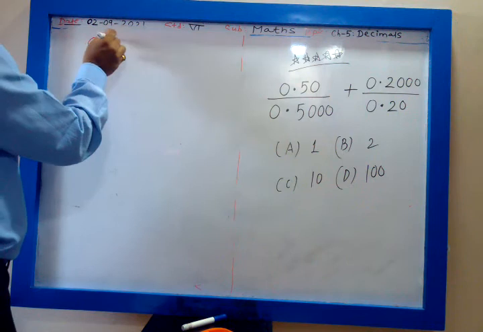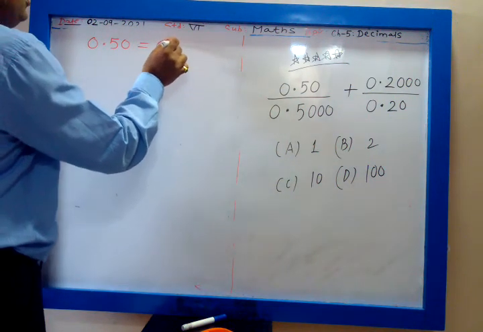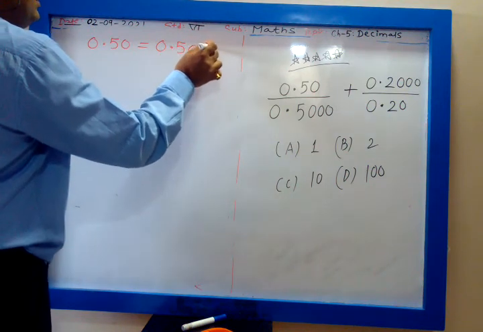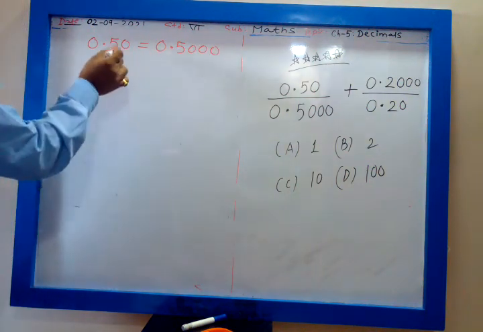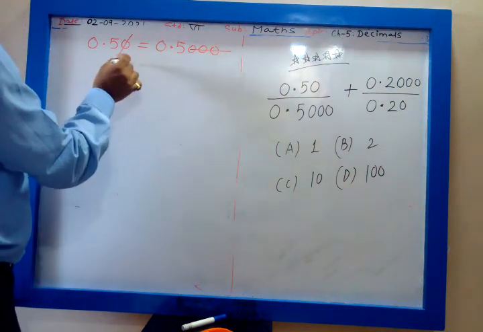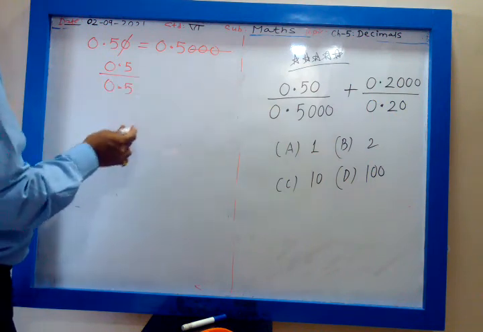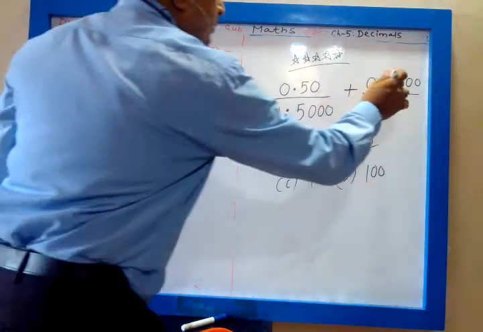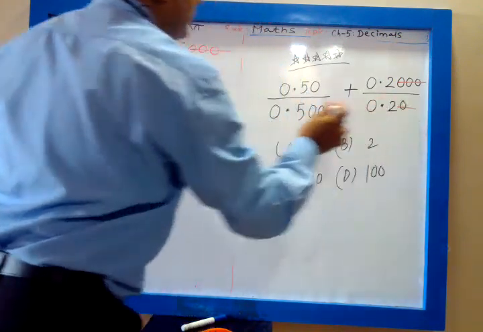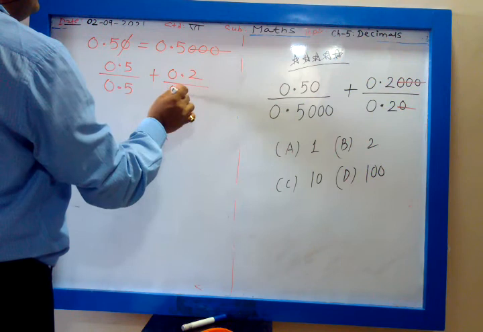0.50 is same as 0.500. Yes or no? Just now we have done. You can remove the zeros. So this will be 0.5. Then 0.2000 upon 0.20, you can remove the zeros, that will be 0.2 upon 0.2.